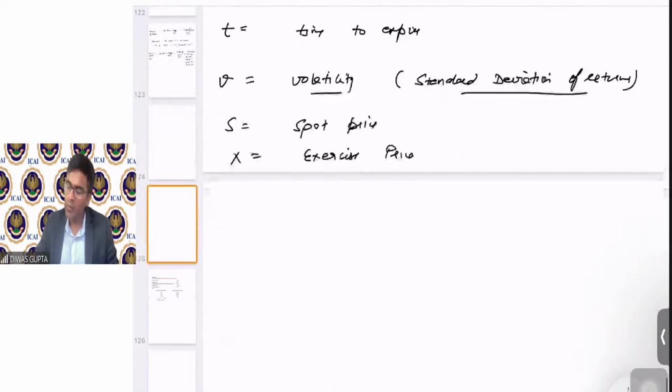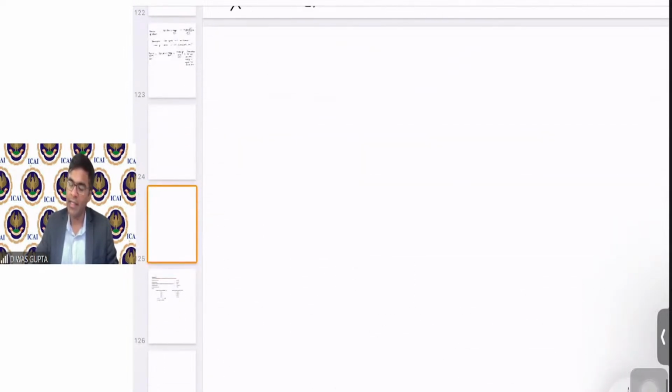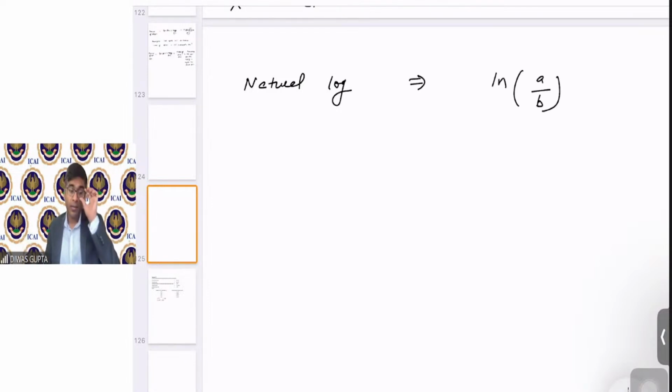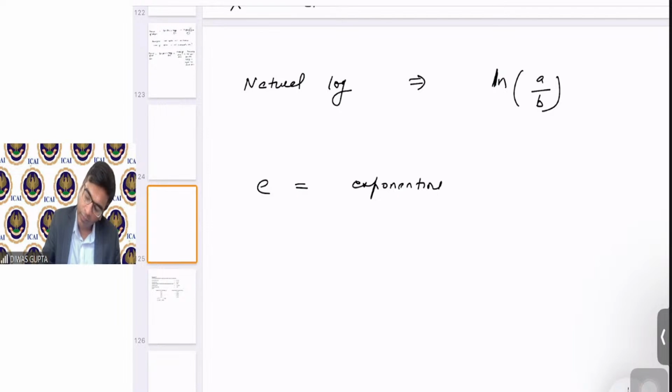Now, I hope all of you would know what is called a natural log. Natural log is actually represented by this, LN. Generally, E is called the exponential function, correct?